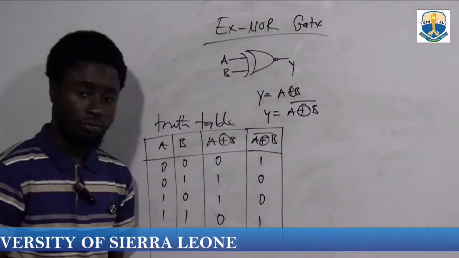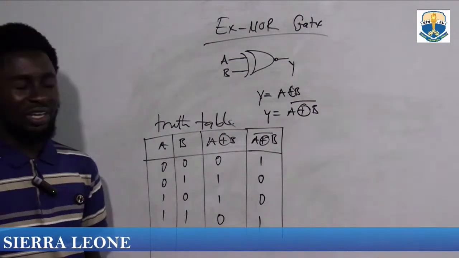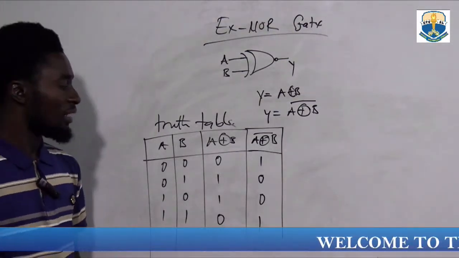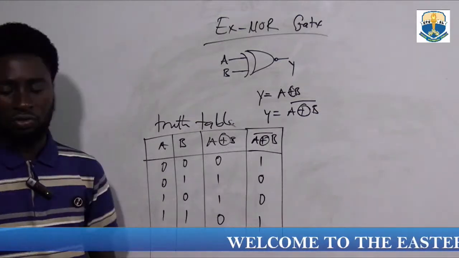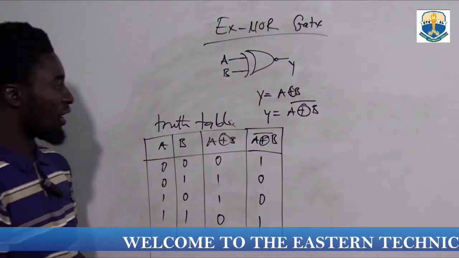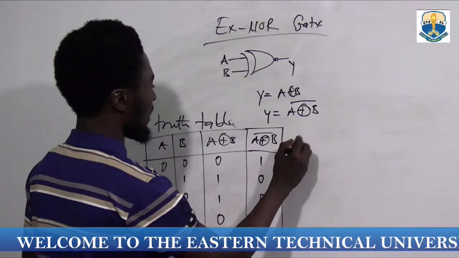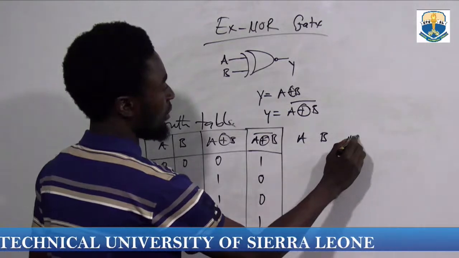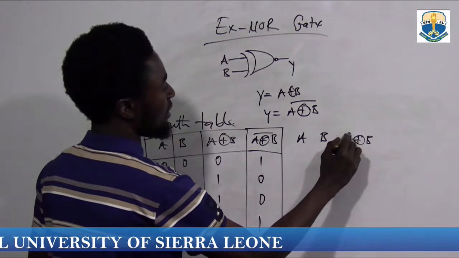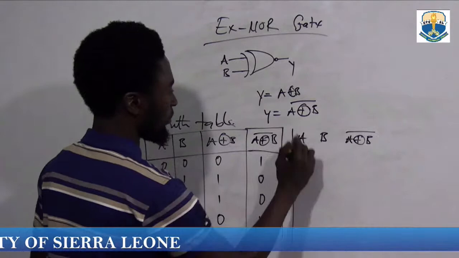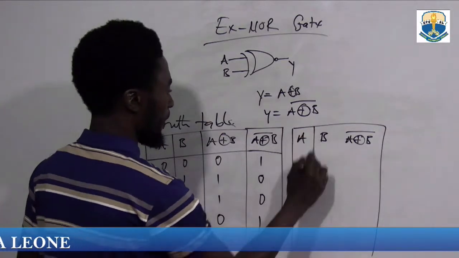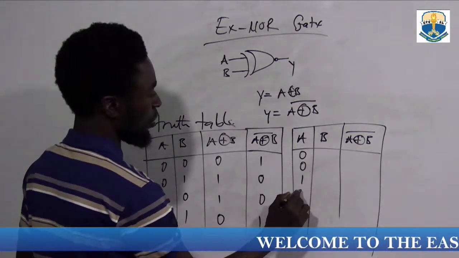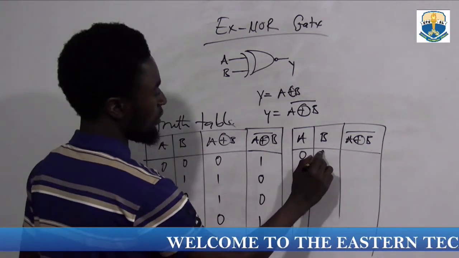You can also construct this table by skipping this and having a rule for it. We still maintain input A and input B, and A plus B all complement. So you have 0, 0, 1, 1, and 0, 1, 0, 1.